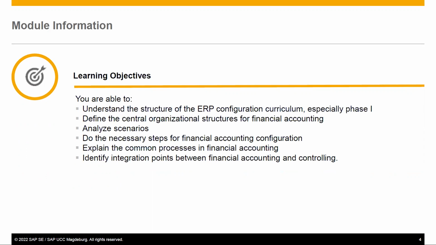We'll define the organizational structure for financial accounting, analyze the scenario, and do the steps required for financial accounting configuration. We'll discuss some common processes in financial accounting, and identify the integration point between financial accounting and controlling.